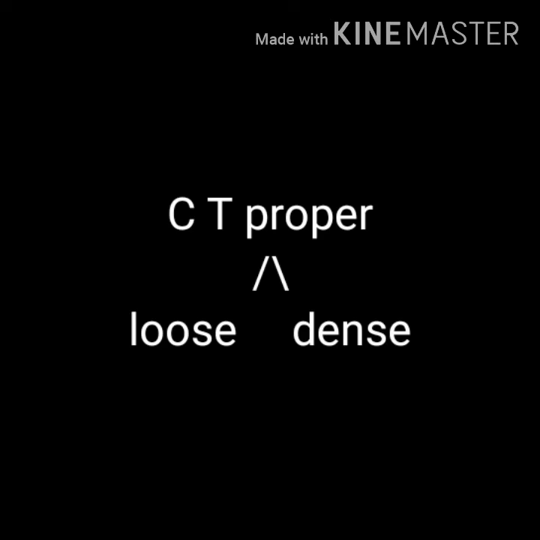Here the matrix is a soft one. In some it is highly concentrated, and in some cases it is somewhat loosely arranged. So connective tissue proper is again classified into two, whether it is loose or dense.